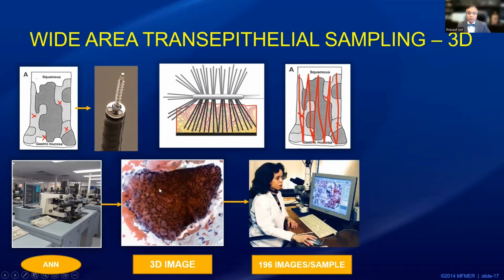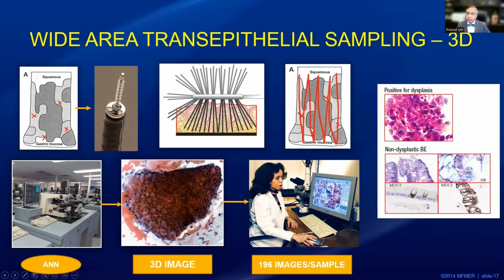These are put on slides, and these slides are then reviewed first by an artificial neural network program, which creates a collated three-dimensional image. That's why this is called WATS 3D. It is then presented to a pathologist, who has to look at about 200 images per sample, which have been selected by this neural network program.